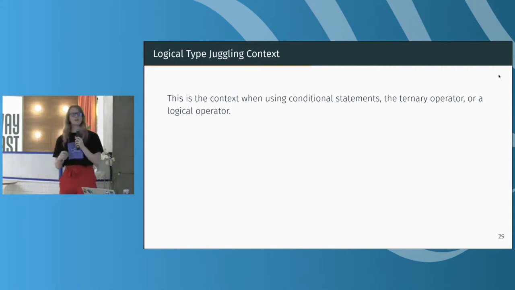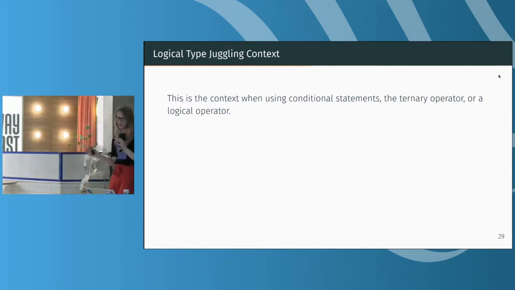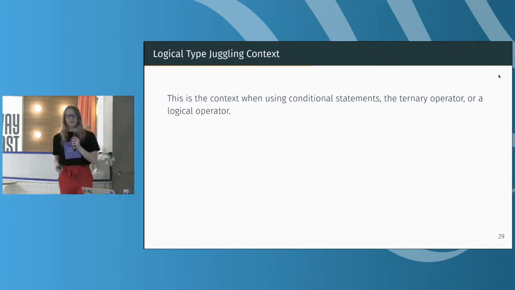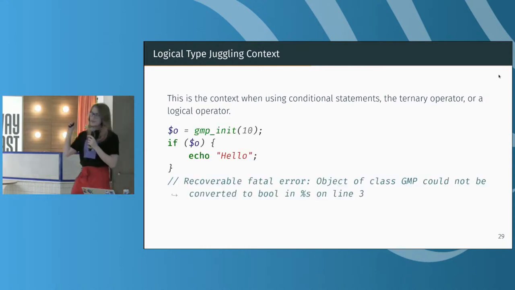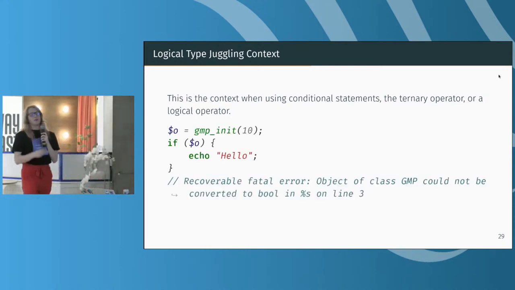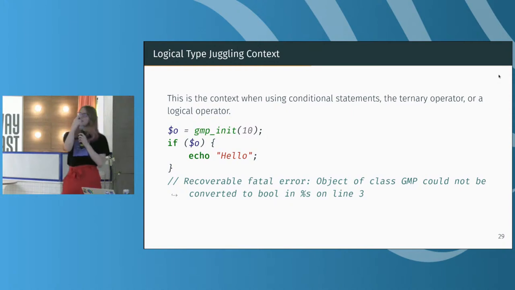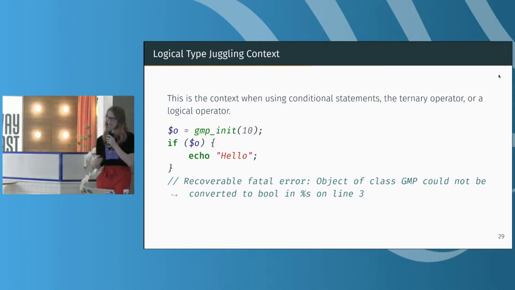So the logical type juggling context is the context where you use conditional statements, the ternary operator, or any logical operator. Now, this is basically casting something to a bool, which should always work, except it doesn't, because of GMP, which is actually the only class that does this. It emits a recoverable fatal error. If you did programming in PHP 5, you would get loads of these.